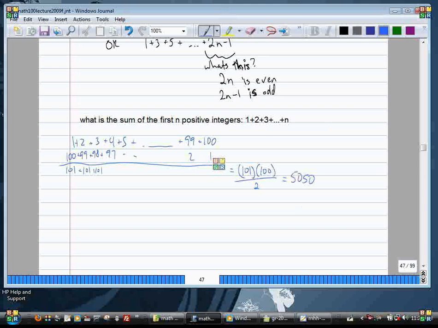Much quicker than lining all the numbers up in a column, 100 numbers in a column, and trying to add them one by one. The name of this young student was Gauss, and he went on to become probably one of the couple of greatest mathematicians of all time in the history of the world.